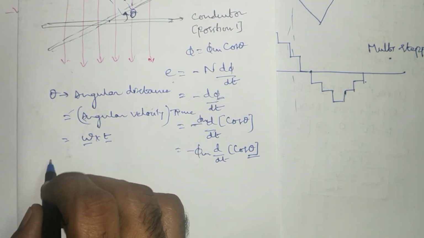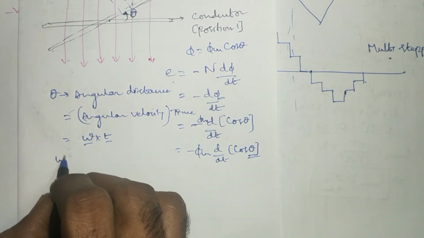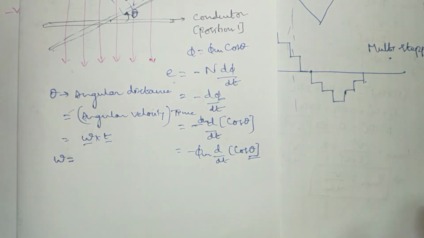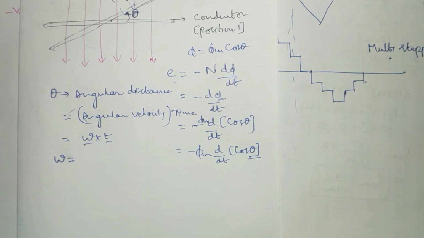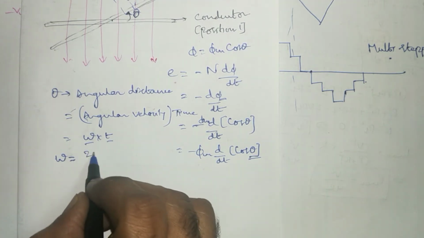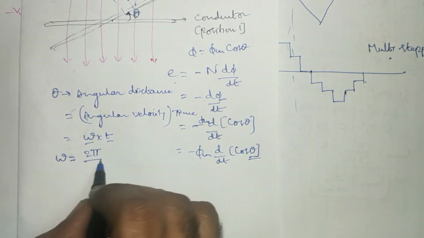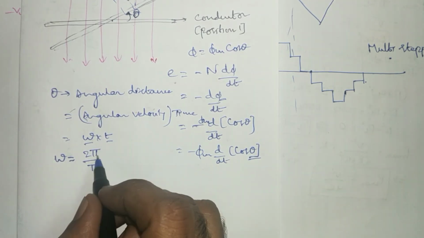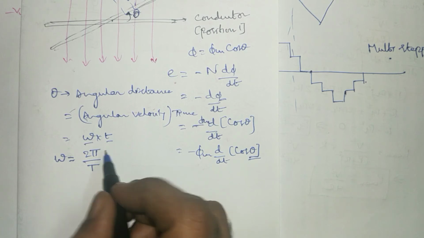Here we can have a small relationship for omega. Omega is actually the angular velocity, which is the angular distance traveled per second. Say 2 pi is the angular distance traveled for a period of T. So when you consider one time period, the angular distance traveled will be 2 pi radians.